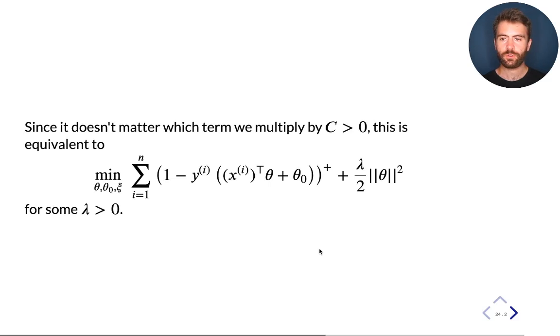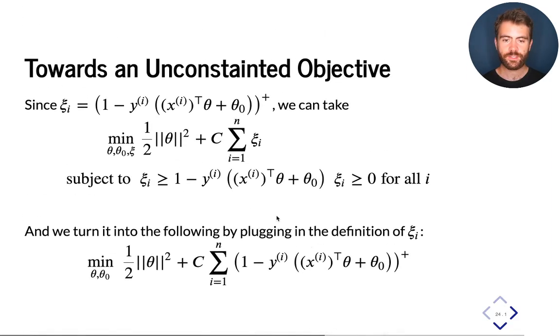Now we can also do one final step of massaging this problem. Since C is positive and can be anything between 0 and infinity, instead of multiplying this term by C, I can just multiply the other term as well. In other words, if I divide by C on both sides, I'm going to have 1 here, and I can just rename my 1 over C to another term like lambda.